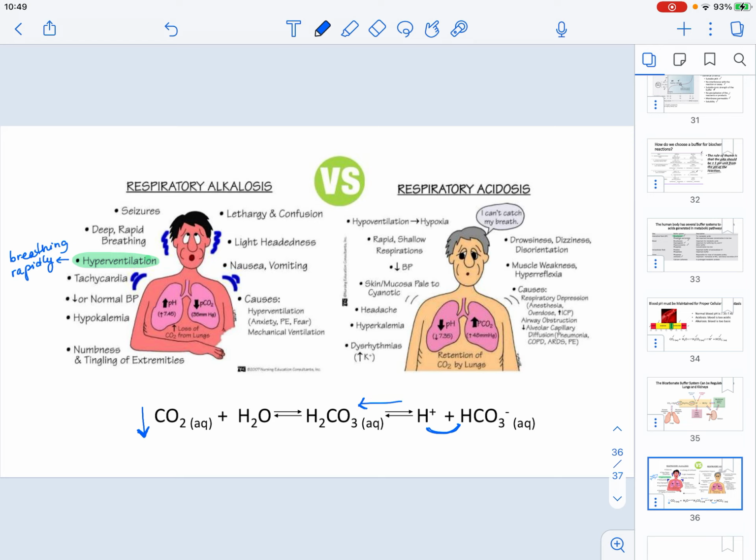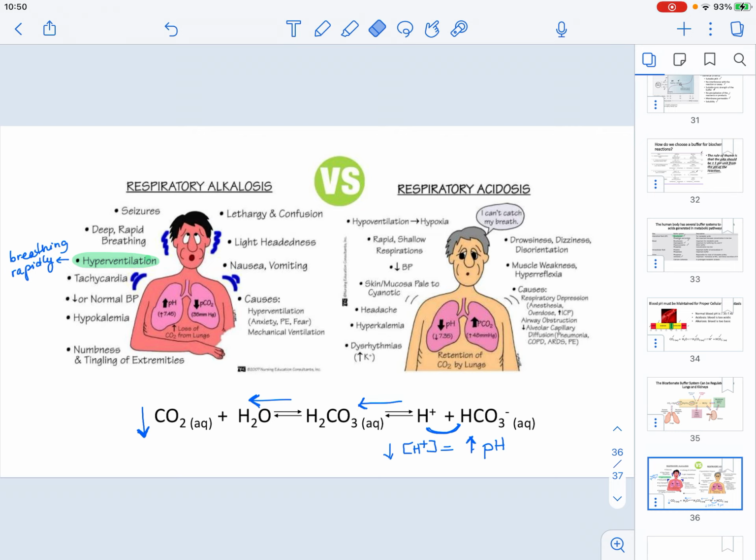Once carbonic acid is produced, enzymes take the carbonic acid and create CO2 and water. Since we are combining the H plus with the hydrogen carbonate, we're going to see a reduction in the concentration of H plus. And because we have a reduction in the concentration of H plus, the condition is called alkalosis because, with less H plus, the pH is going to increase. That's where alkalosis comes from.